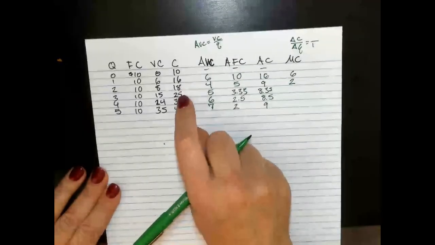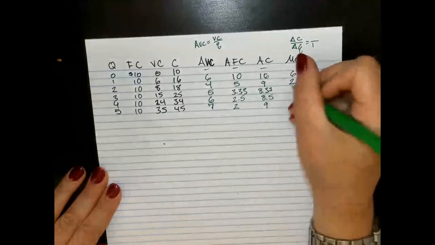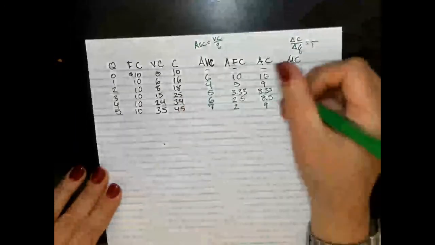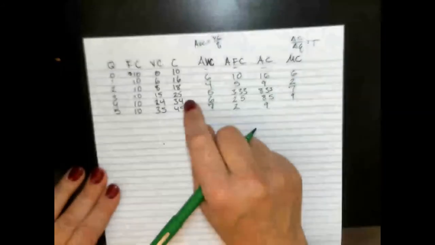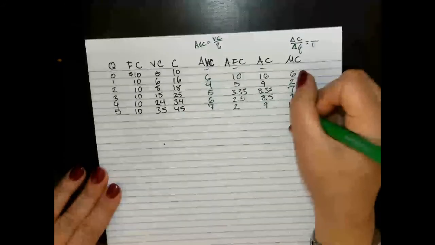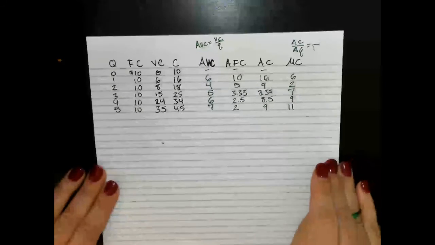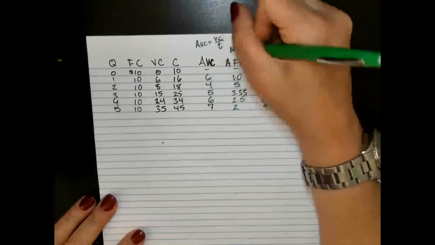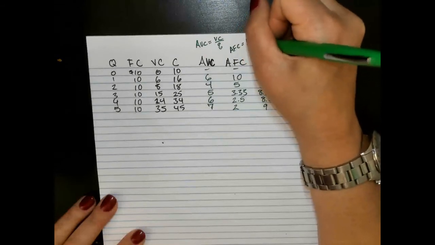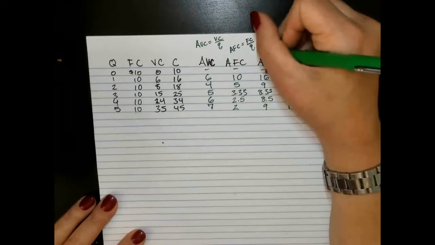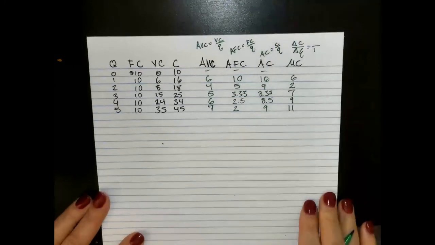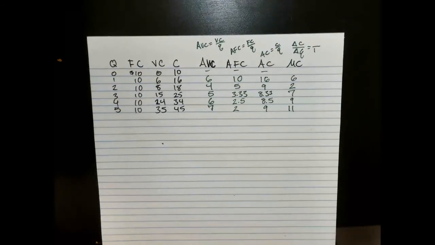From 18 to 25, that is $7. From 25 to 34 is $9. And from 34 to 45 is 11. Hopefully that's straightforward and not too complicated. Let me put these up here too, just in case. But hopefully that all makes sense and wasn't too complex.